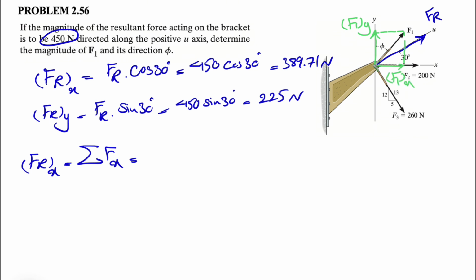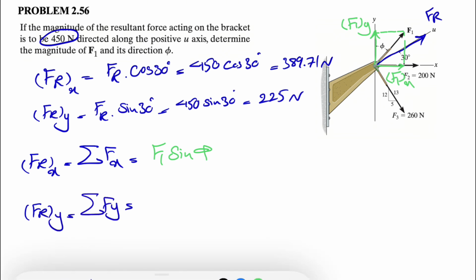They're both positive, so the x component of F1 will be F1 times sine of phi, which is one of the unknowns. We have the same scenario for Fry: the sum of all forces in the y direction. The y component of F1 will be F1 cosine of phi.